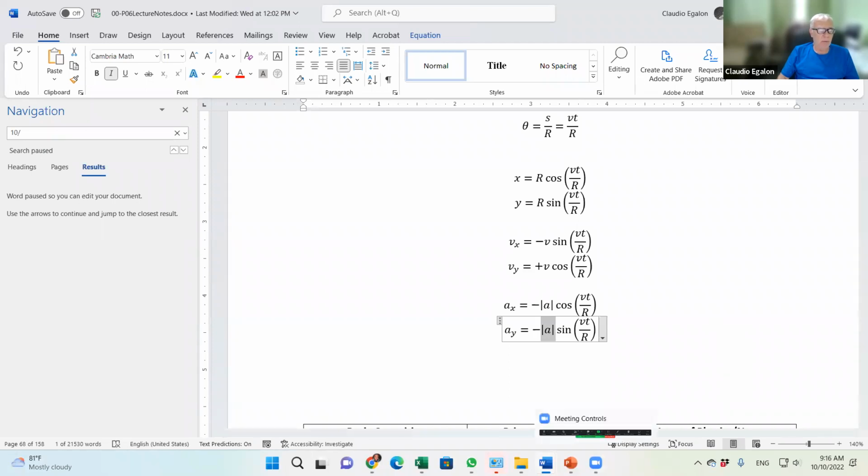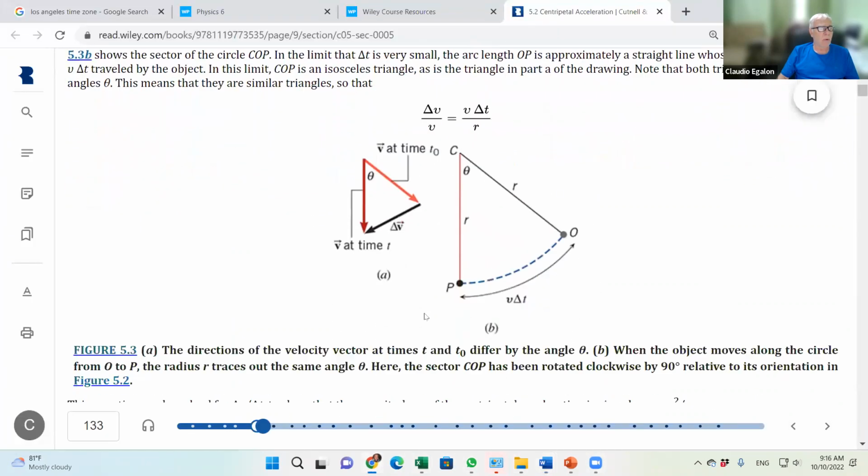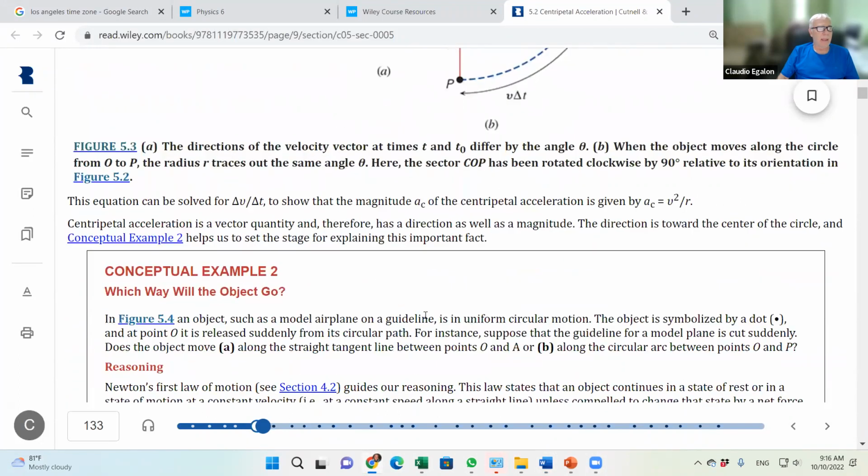Oh, this value of the magnitude of the acceleration is derived right here in your book, in terms of geometrical parameters, and is given by this term right here, v squared over R. Can you memorize that? Okay.